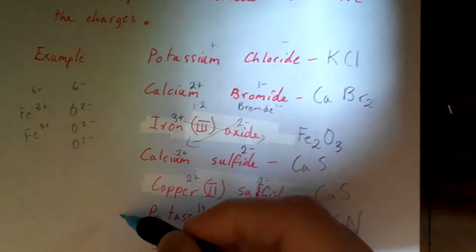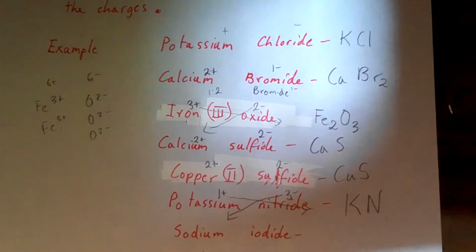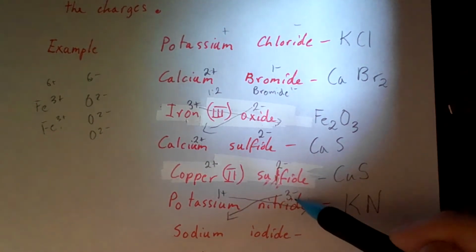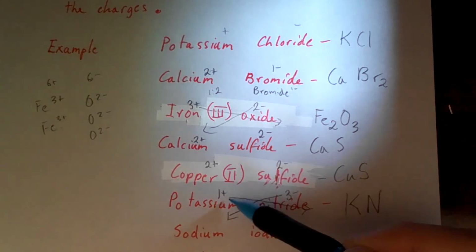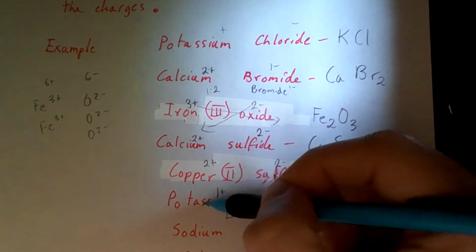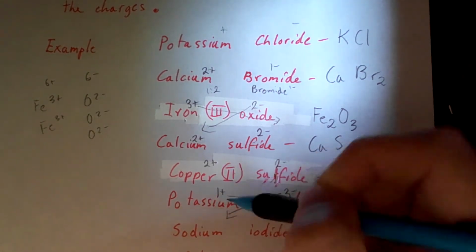But let me go on the side over here and show you that the charges need to equal. So since I have a 3 negative here, I need 3 positive for the cations. So how can we get to 3 positive if every single potassium ion has a 1 positive charge?